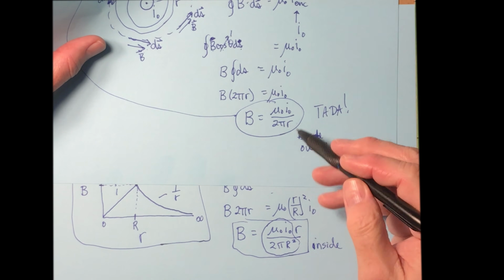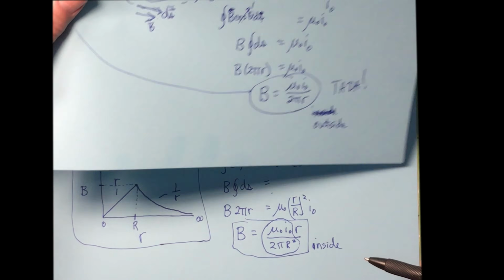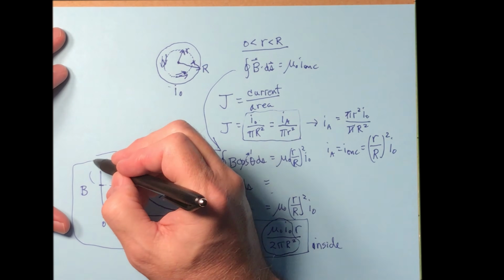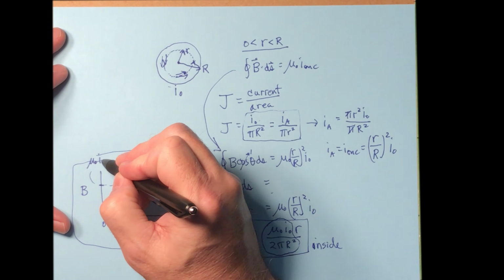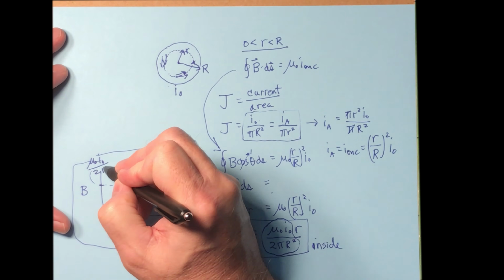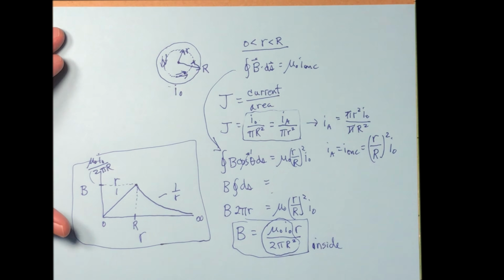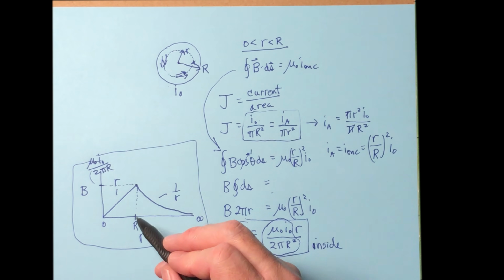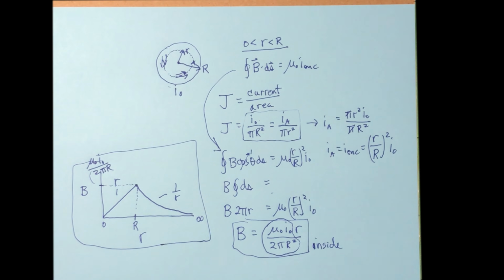You know that they have to be equal to each other in order for that to happen. So that turns out that at that point right there, it's mu naught I naught over 2 pi big R. So that's right at the edge where little r equals big R. Okay.